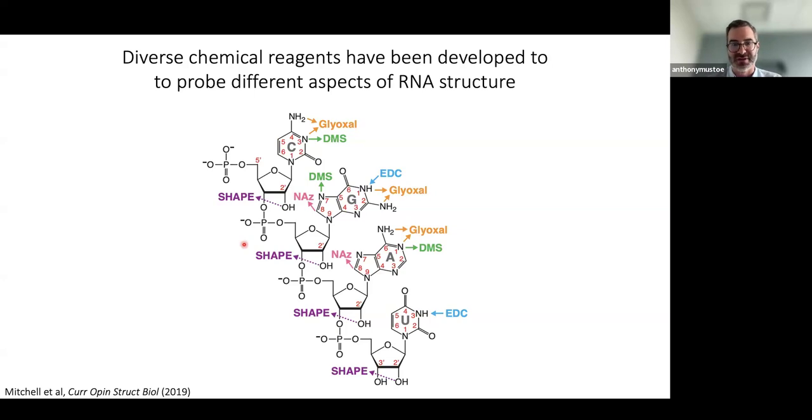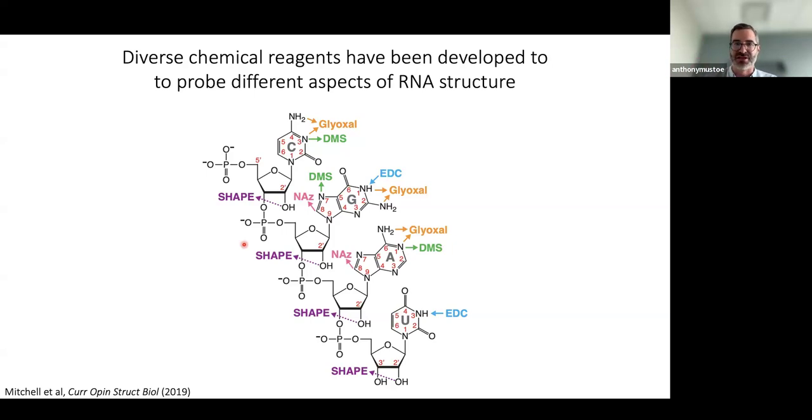I'll also say that not captured in this picture is the diverse array of cross-linking approaches to measure three-dimensional structures. These can be quite powerful and all have their place. But from our perspective, it's undesirable to have to use a bunch of different reagents to get at different aspects of structure. We've got to do many different experiments.